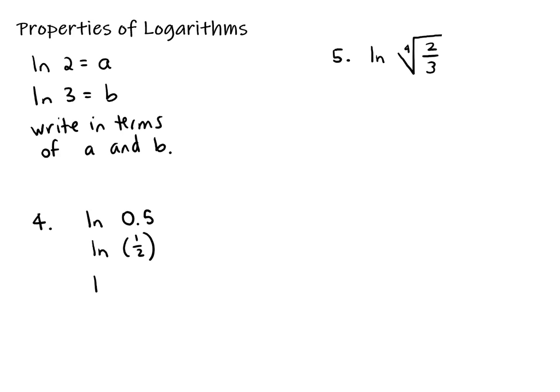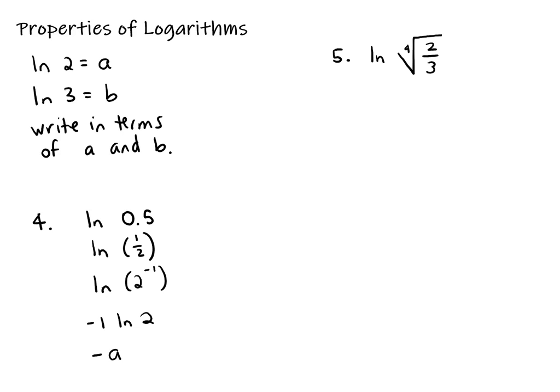And 1/2 is the same thing as 2 to the power of -1. And we have the rule where the exponent can come out to the front. So I'm going to write that as -1 times ln of 2. And now I'm going to replace ln of 2 with a, so that just becomes -a. And so we've taken ln of 0.5 and written it in terms of a and b.